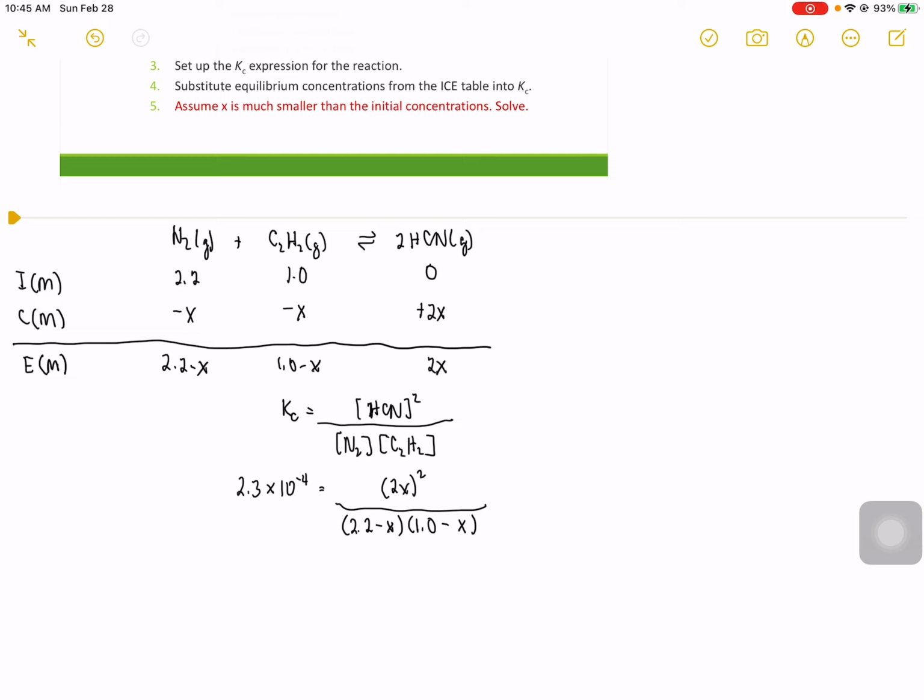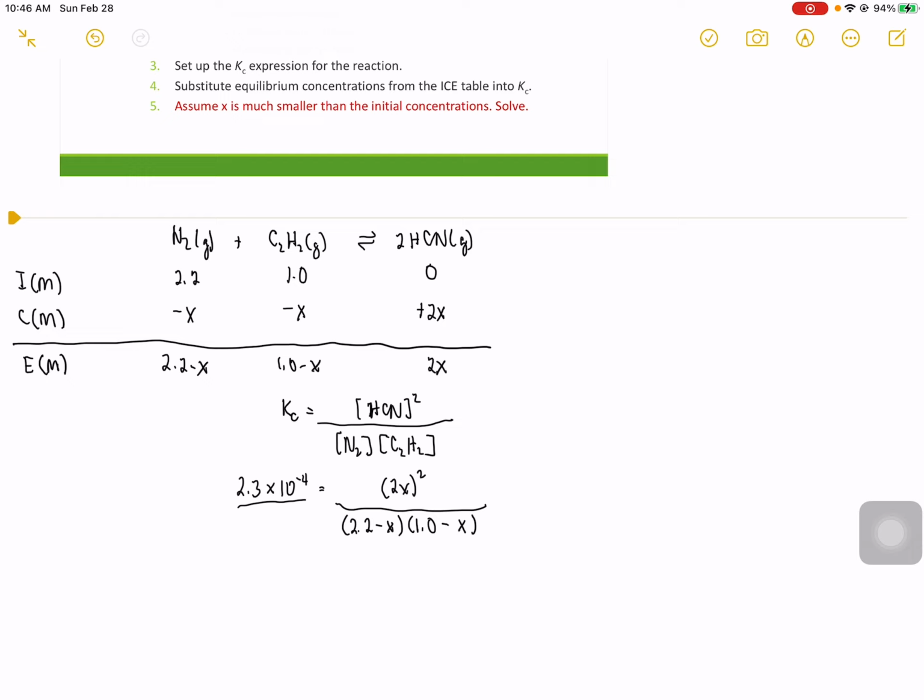Now if you look closely at the right side of the equation, the right side is a rather complex rational expression. It would be quite a hassle to be able to simplify that and then solve for x, particularly if we are on a strict time limit. So since the value of our K sub C is a rather small value, we are now able to use our small x approximation to simplify matters.